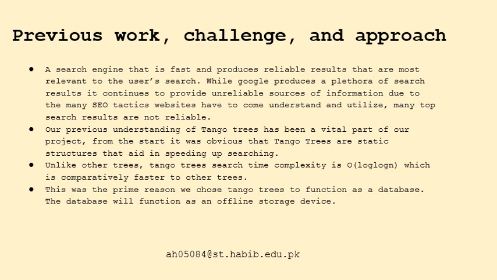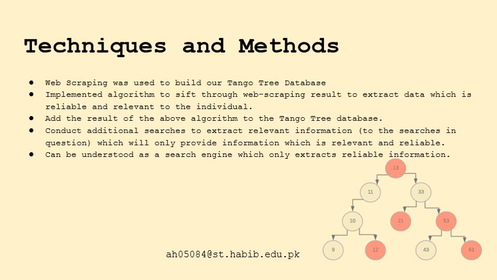For example, if I take this tree, where every red node is a root node of another auxiliary tree, and I want to search for 21, I go from 13 to 33 to 21. Because we traverse through 33, that will be a preferred node, as well as 21, which will also be a preferred node.